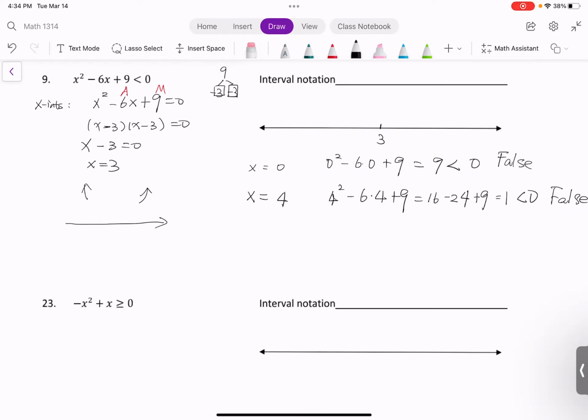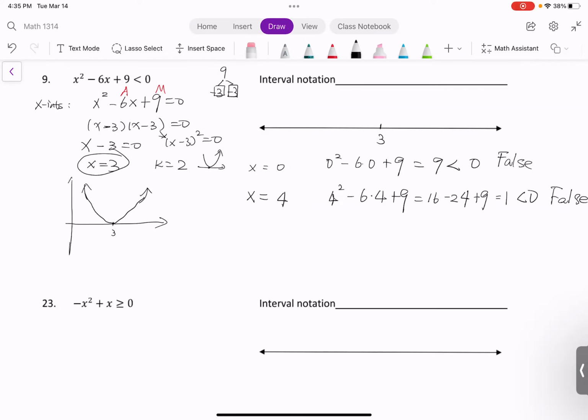And then we have one x-intercept, which is 3. You can convert it to x minus 3 squared equal to 0. When x equals 3, k is 2. So k is 2, what is that? It's even. Even means what? It means touch and bounce off. So at the point 3, the graph touches and bounces off.